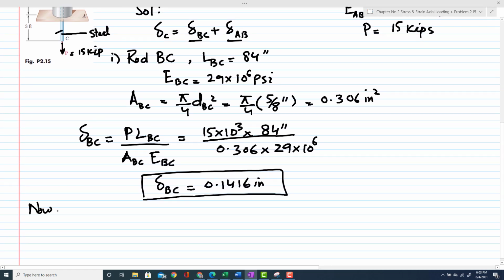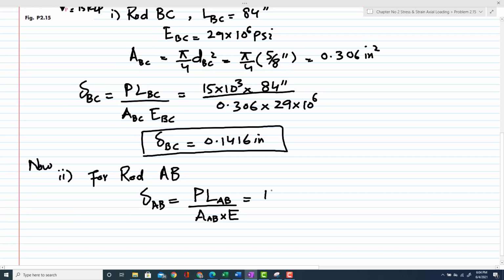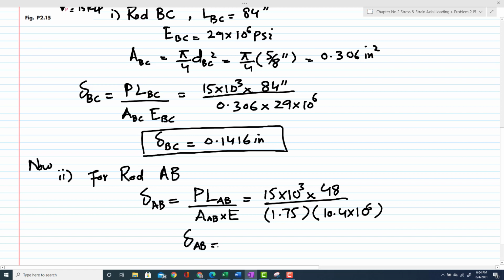Now for pipe AB. Again, the change in length of pipe AB is equal to P L_AB over the area of AB times E. We have all the values given: P is 15 × 10³, the length is 48, divided by the area, which was 1.75 square inch, and E of this aluminum pipe is 10.4 × 10⁶. So the elongation in AB is 39.56 × 10⁻³ inch.